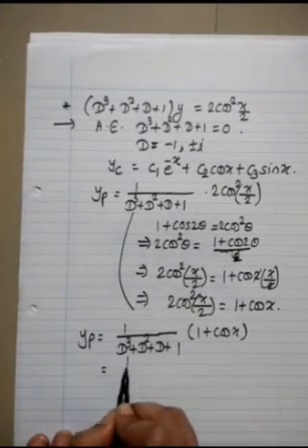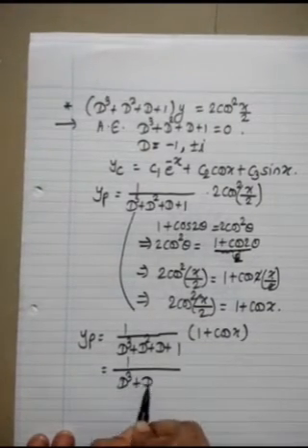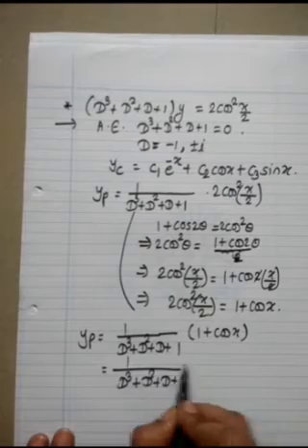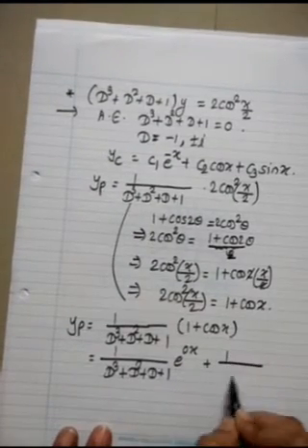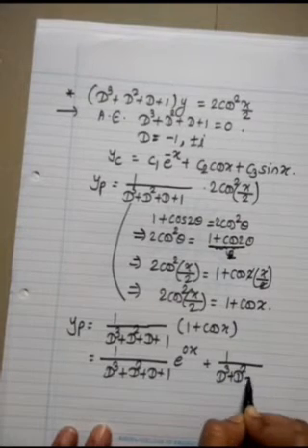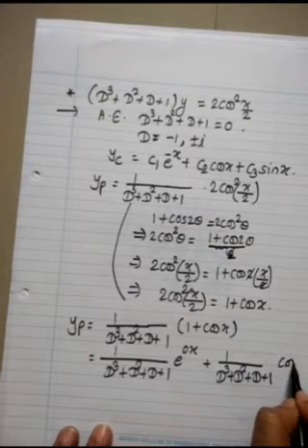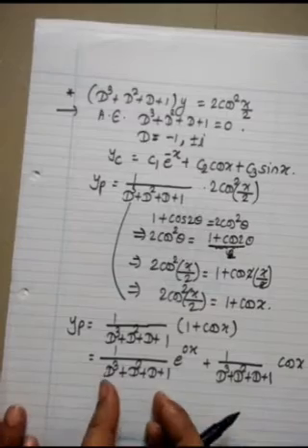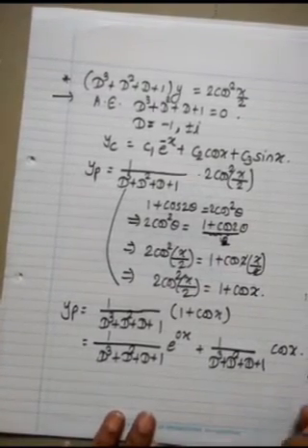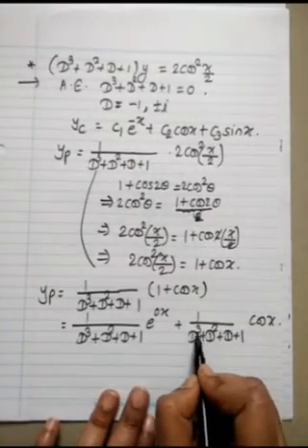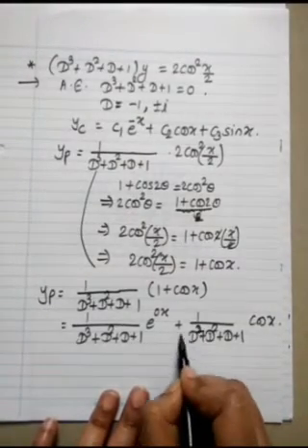Separate it: 1 upon f(D) into 1, where 1 is nothing but e raised to 0x, plus 1 upon f(D) into cos x. For the first part there is no problem. But for the cos case, your denominator should be in D square, so D cube I'll write as D into D square.